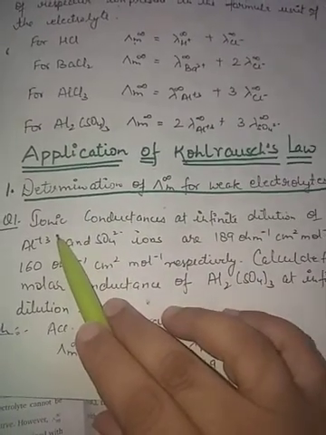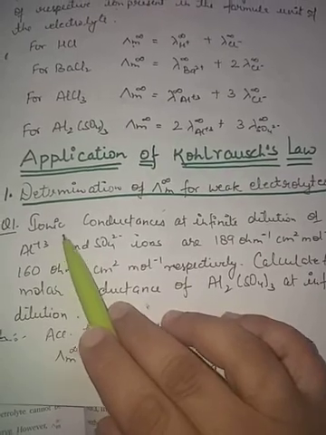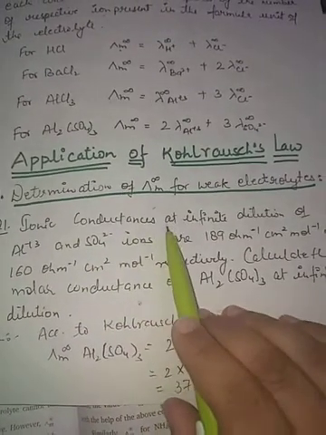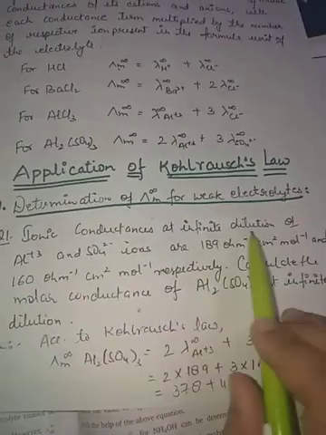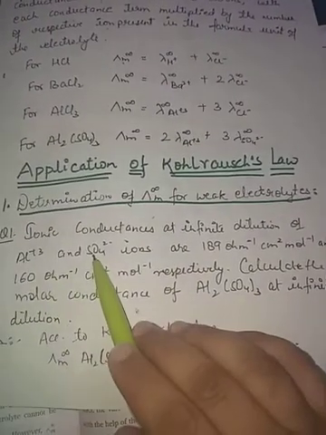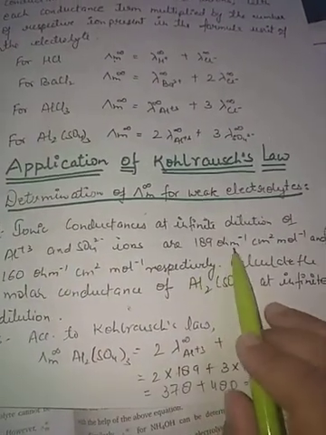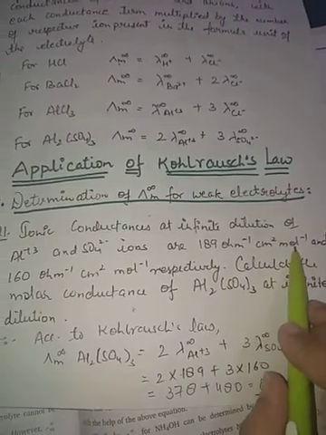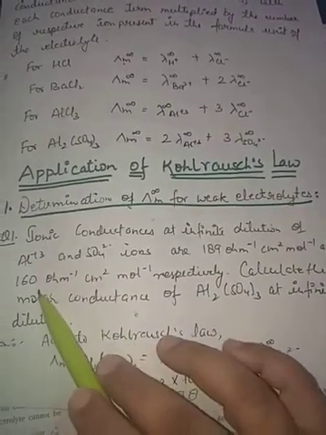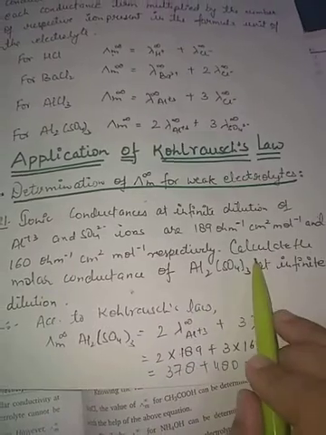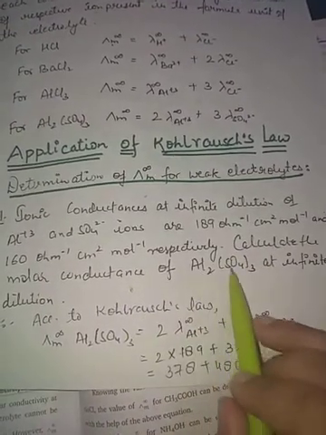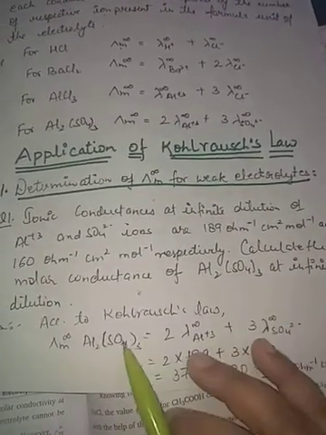Here the first question is: the ionic conductances at infinite dilution of aluminum ion and sulfate ion are given. Suppose for aluminum ion it is 189 ohm inverse centimeter square mole inverse, and for sulfate ion it is 160. Here we have to calculate the molar conductance of Al2(SO4)3.